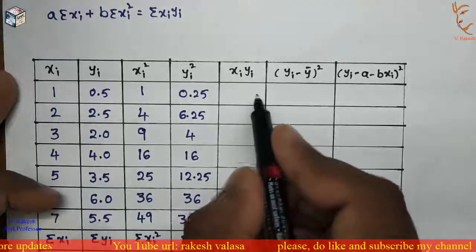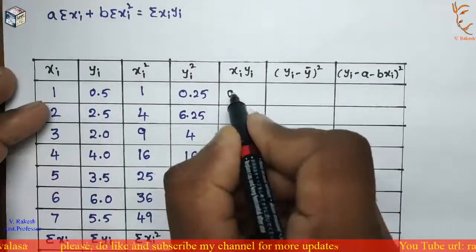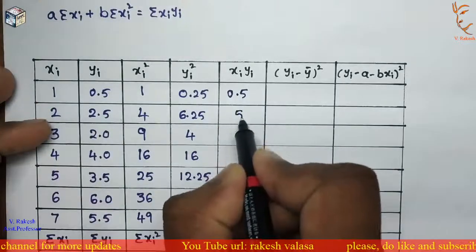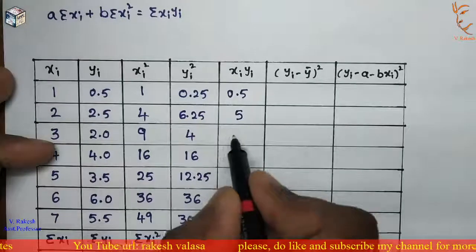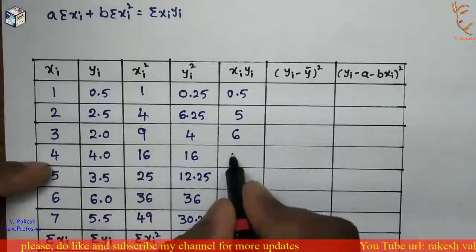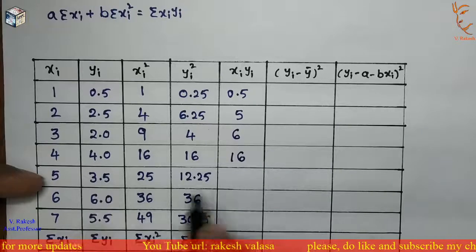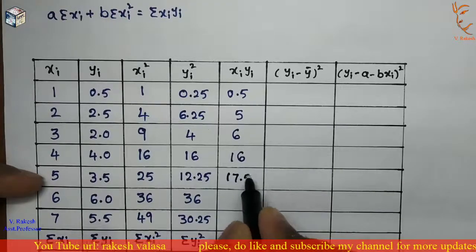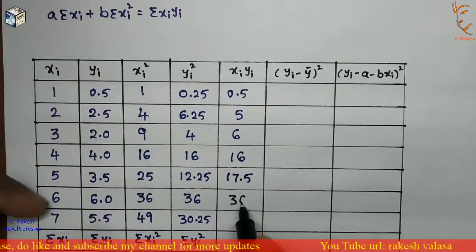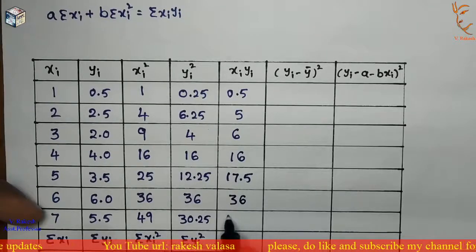Next column is xi yi, that is 1 into 0.5, 0.5, 2 into 2.5, that is 5, 3 into 2, 6, 4 into 4, 16, 5 into 3.5, 17.5, 6 into 6, 36, 7 into 5.5, that is 38.5.